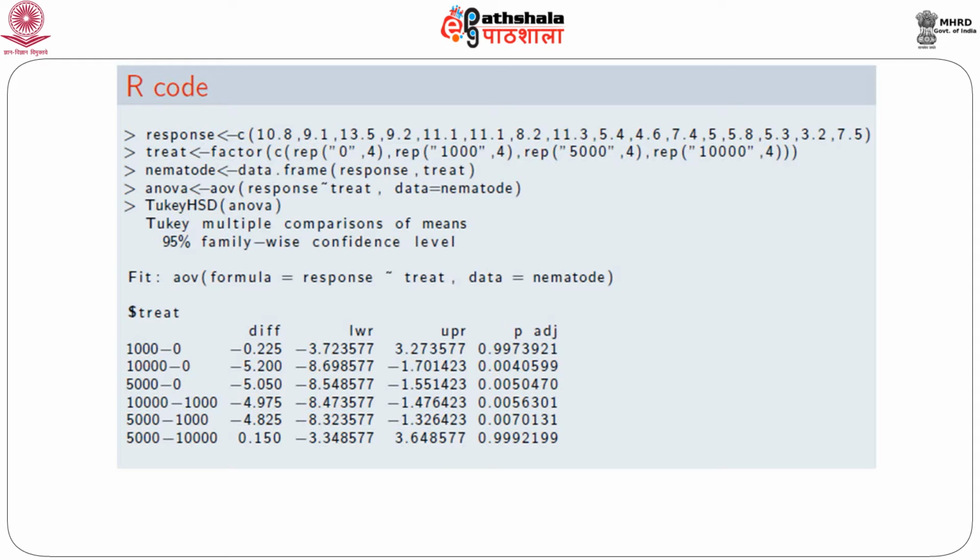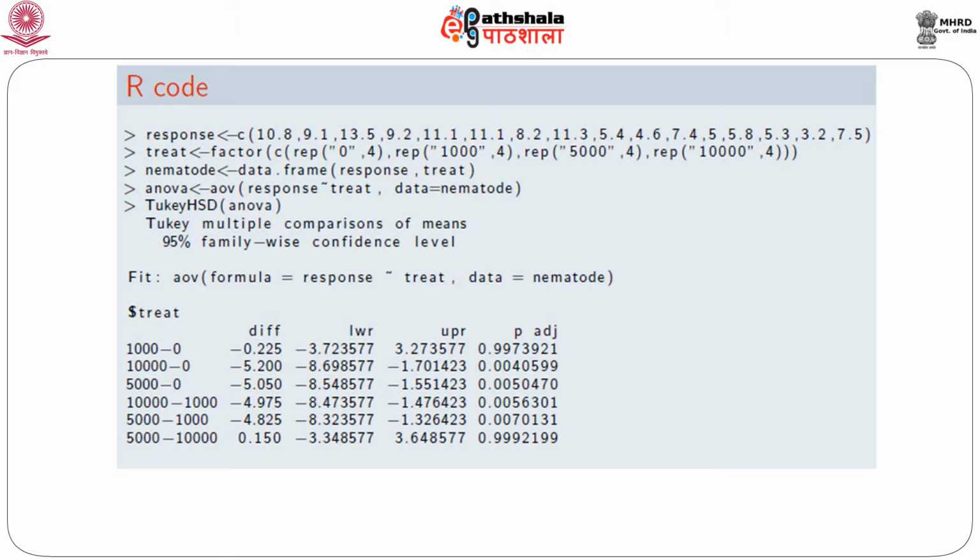Of course, sometimes you are not just interested in the p-values, you also want to have an idea as to how much the group means differ. That is given by the confidence interval in columns 3 and 4, headed by LWR and UPR. LWR means the lower end and UPR means the upper end.